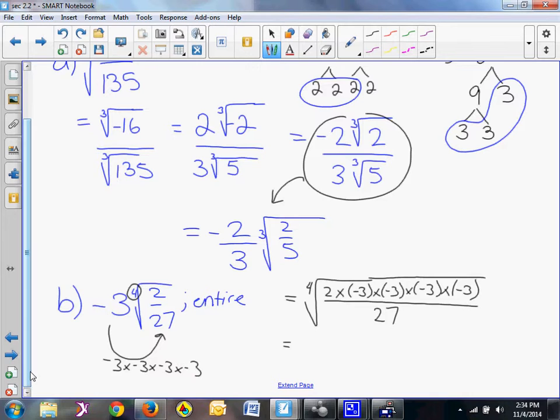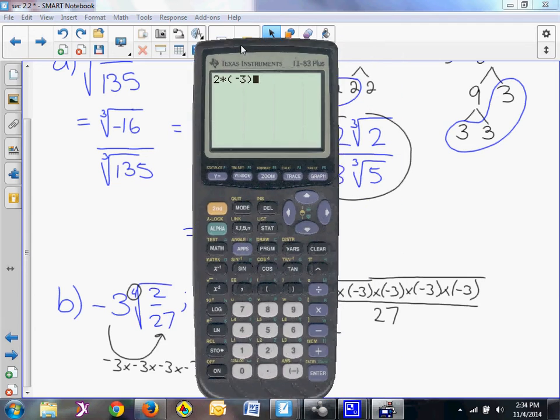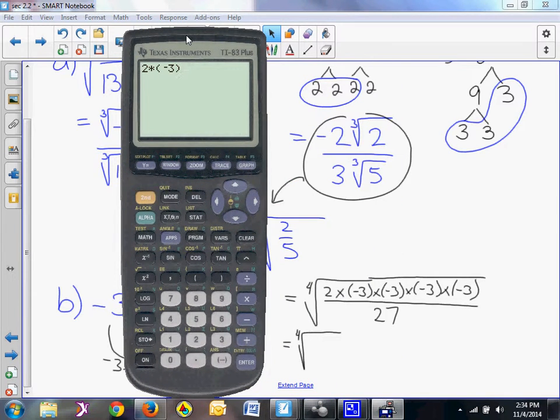So let's do this. 2 times -3. Since I have 4 -3s, I can just call that -3 to the power of 4. That means the same thing. And when I do that, I get 162.